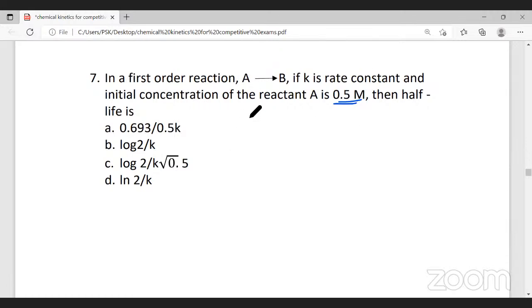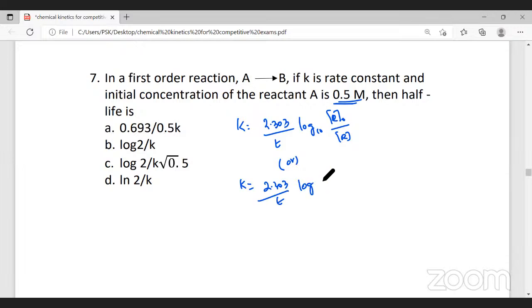So for a first order reaction, K is equal to 2.303 by T log to the base 10 of R naught, the initial concentration, by the concentration after some time T. Or we can write this equation also in this fashion: K is equal to 2.303 by T log of A by A minus X. Now, the half-life period: at time T equal to T half, X will be equal to A by 2.